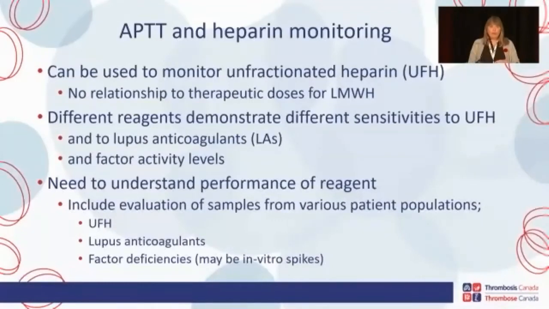And your laboratory should be evaluating and have that data available to you on their reagent performance in patients receiving unfractionated heparin, as well as patients who are positive for the lupus anticoagulant, as well as what in vitro factor sensitivity curves, so that you know exactly at what point your PTT will go abnormal, depending on how low one of those intrinsic factors are. And the lab should be able to provide you that information.